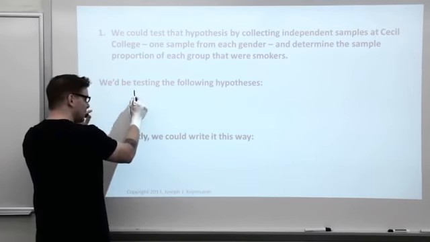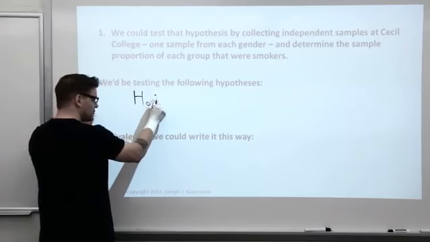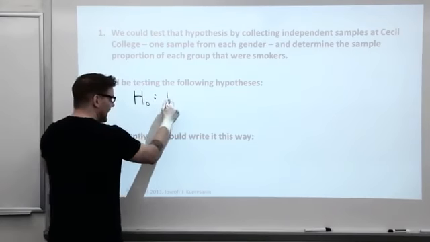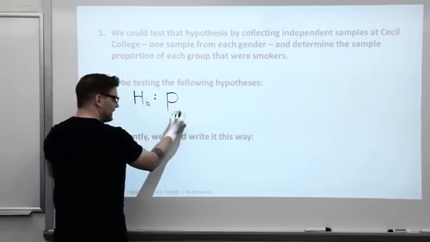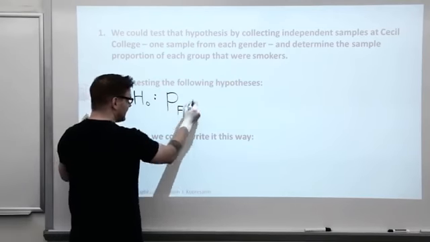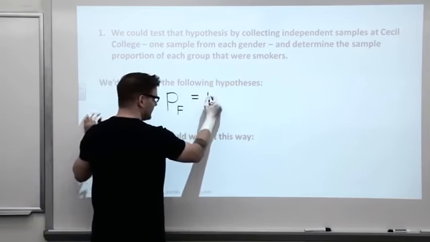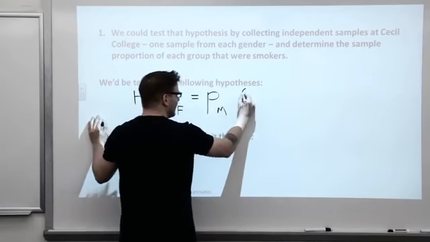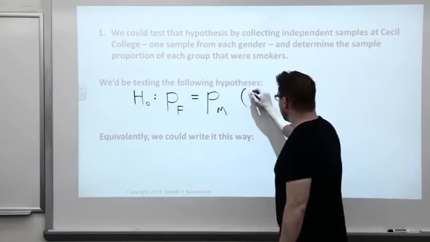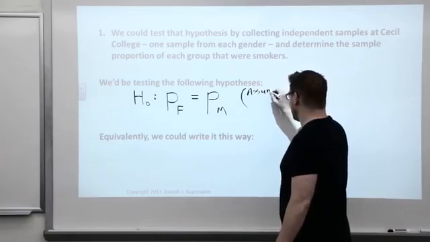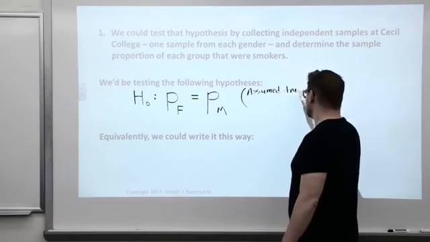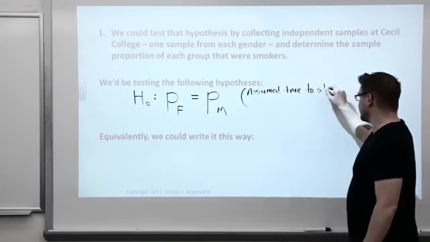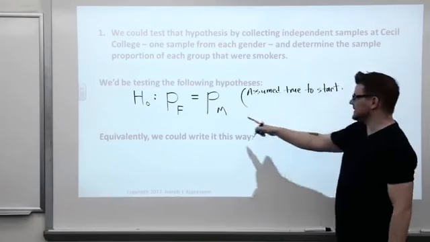To start, remember the null, H0, is always assumed true. I will presume that P for the females equals P for the males. Just a couple of notes off to the side: the null is always assumed true to start, before we collect our data. What's this saying?